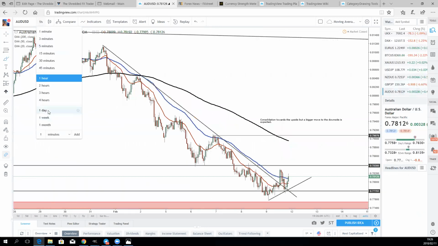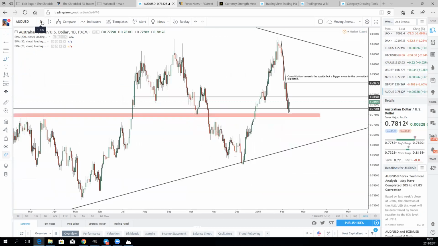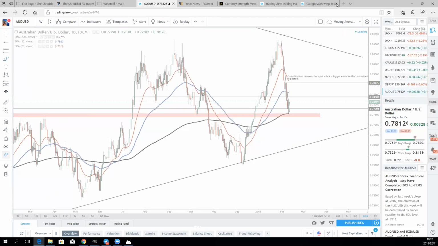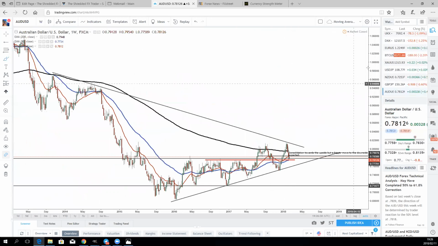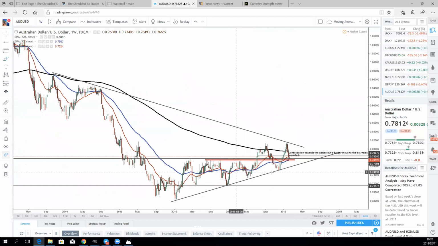Aussie USD. Pretty much the same sort of formation happening on this pair as well.